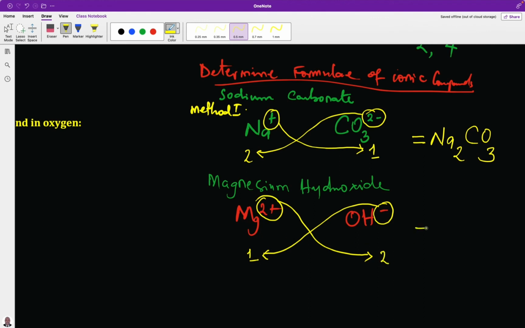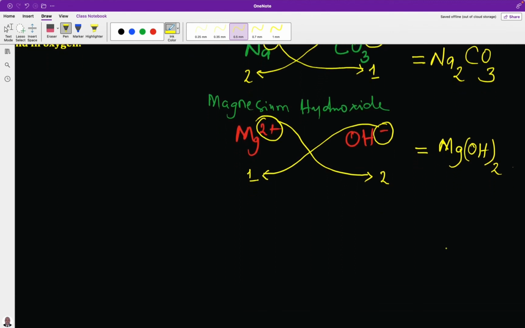Now, what becomes of the formula of our ionic compound? Magnesium is 1, then hydroxide, there are 2 of them, OH. You don't need to write the charge again, please. So there are 2 OH, so we put a 2 here. That is the formula.